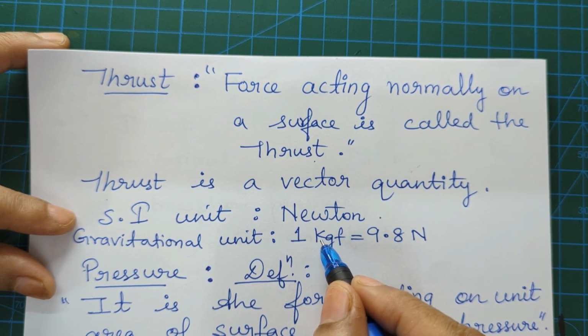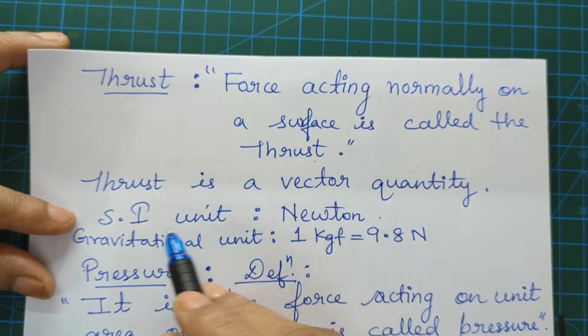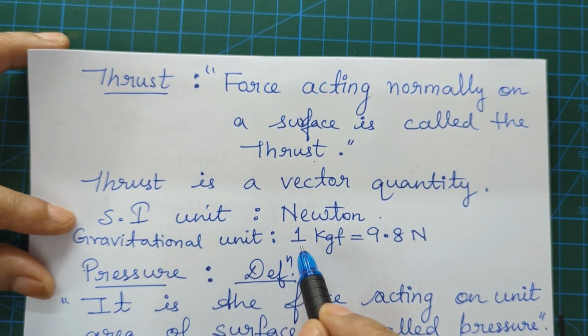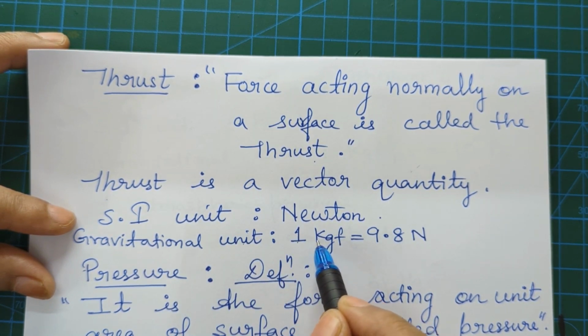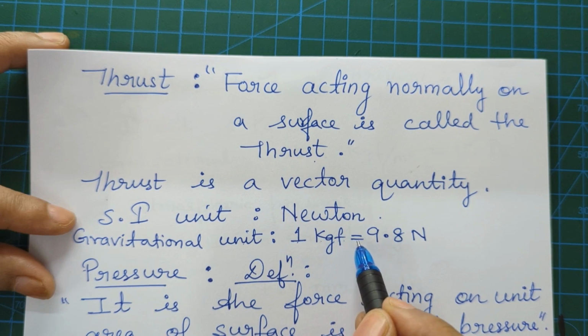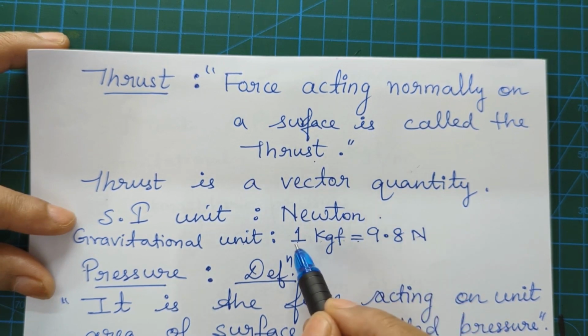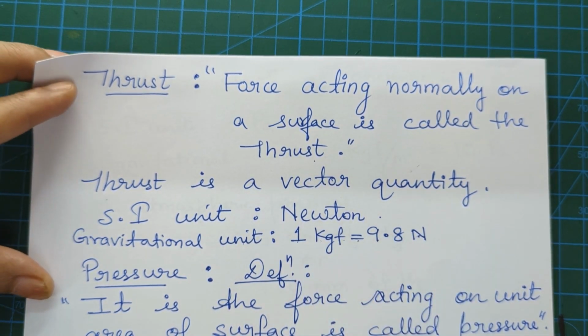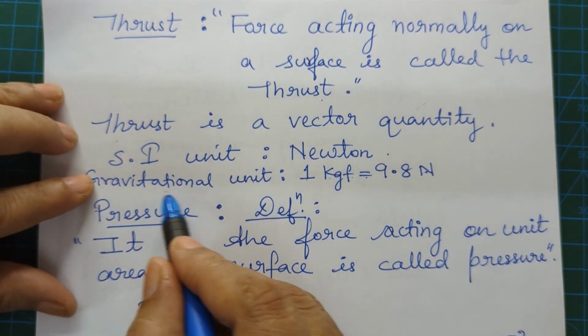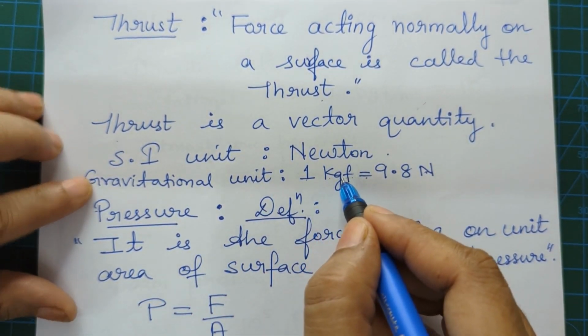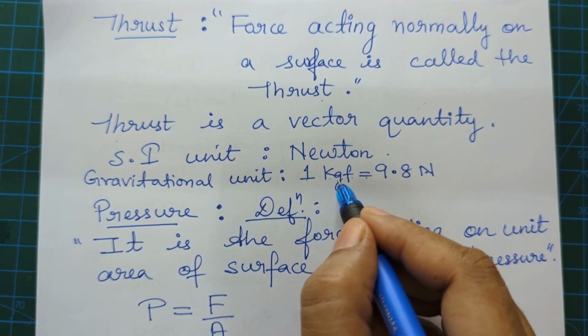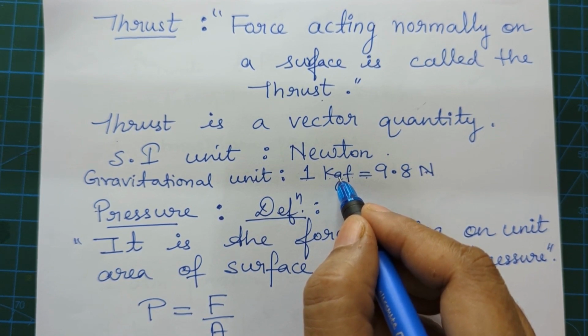In that case, what is the relation between a gravitational unit of force and SI unit of force? One gravitational unit of force, means kilogram force or kilogram weight, is approximately equal to 9.8 newtons. How is this relation achieved? This relation is achieved when we know the definition of 1 kilogram force. What is 1 kilogram force? 1 kilogram force is the force exerted by Earth or a particular planet on 1 kilogram mass.